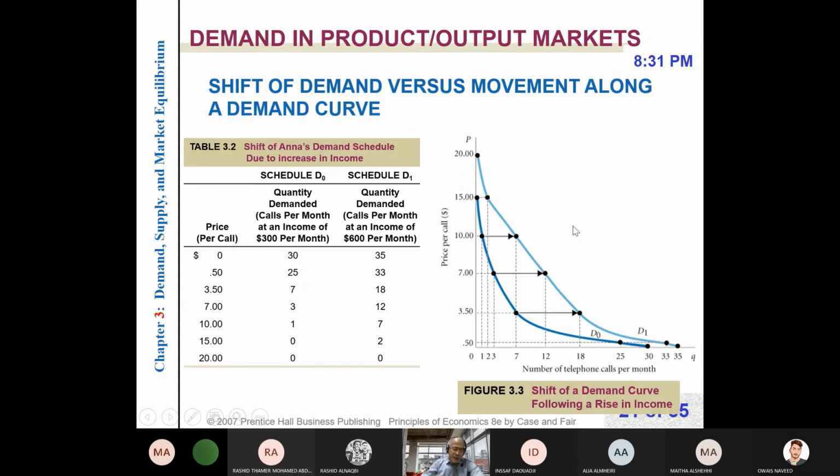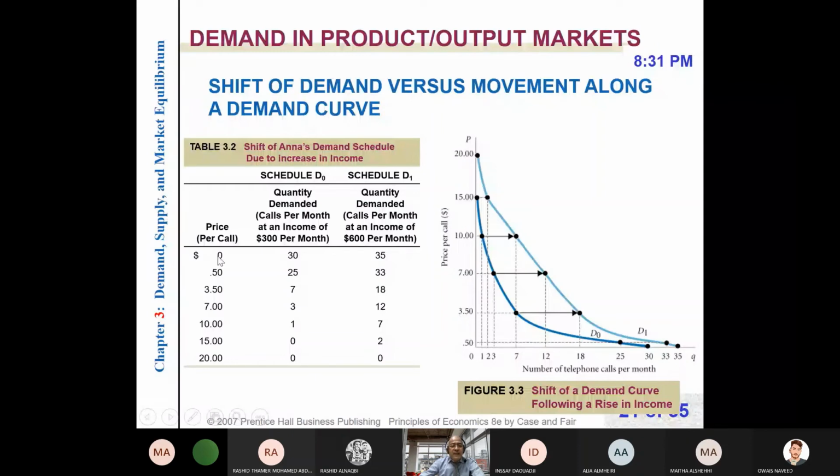So I will explain. For a moment, ignore the light blue curve. Concentrate on the dark blue, which we already explained. So ignore the last column. What I said, if the price per call is 0, I will call mom 30 times.